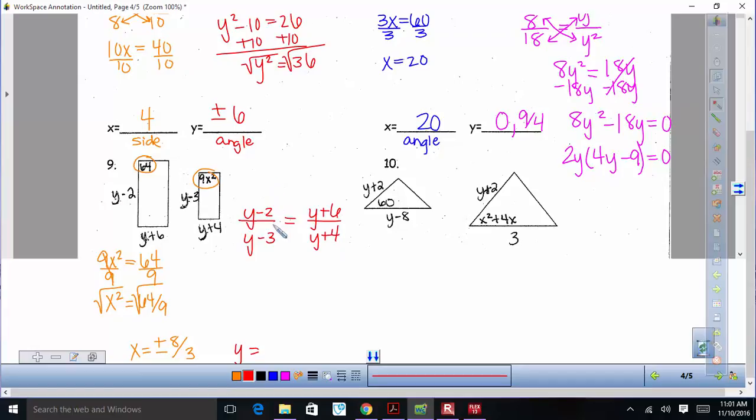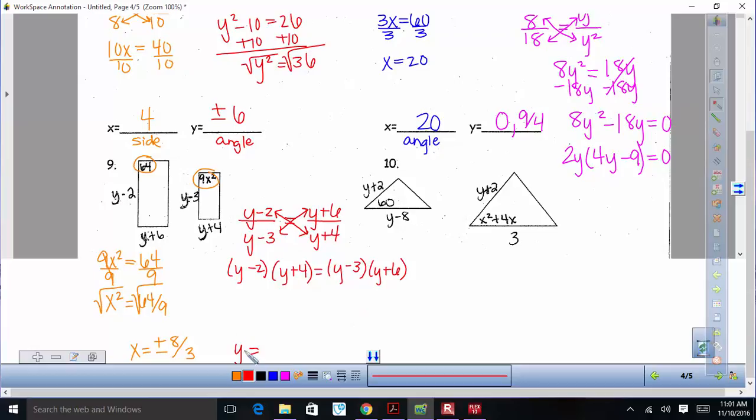Remember, I like you to write this out so we can really see it. So when I multiply y minus 2 times y plus 4, I'm going to write y minus 2 in parentheses times y plus 4. And then when I do the other, I'm going to do the same thing. So y minus 3 times y plus 6.